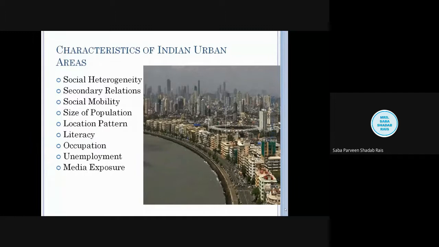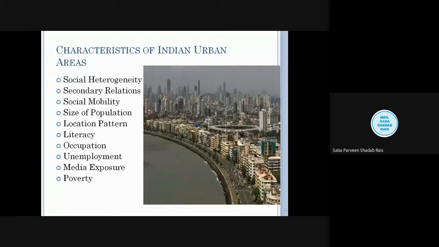This way, parental care increases, they care more about their children, and they think more about their child getting an education. So this media and education exposure has a very good impact on the education of the children, and it is helping in improvement of the literacy rate.